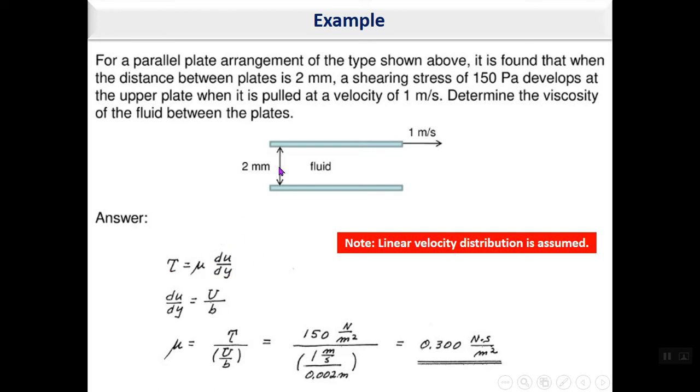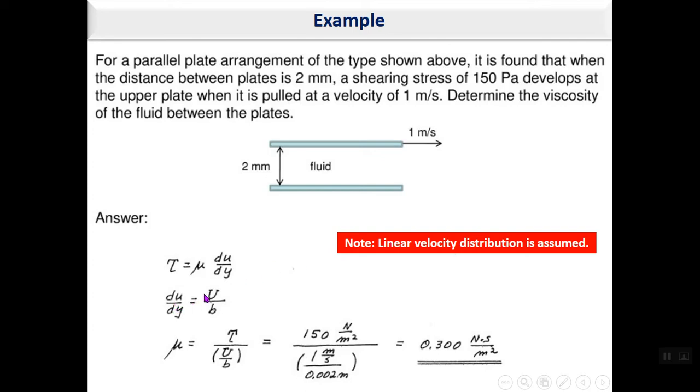Why? Because of the small distance between the plates, please note, because of the small distance between the plates, you can assume that the velocity profile is linear. So here, as you can see, a linear velocity profile is assumed.